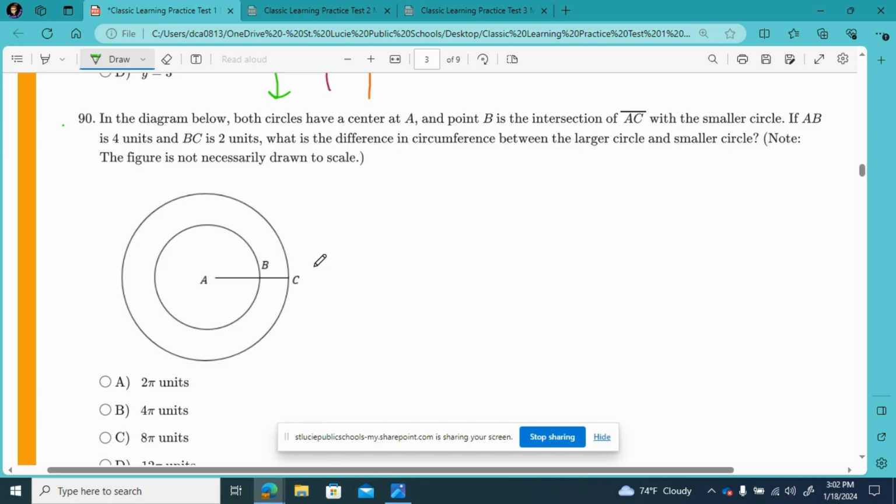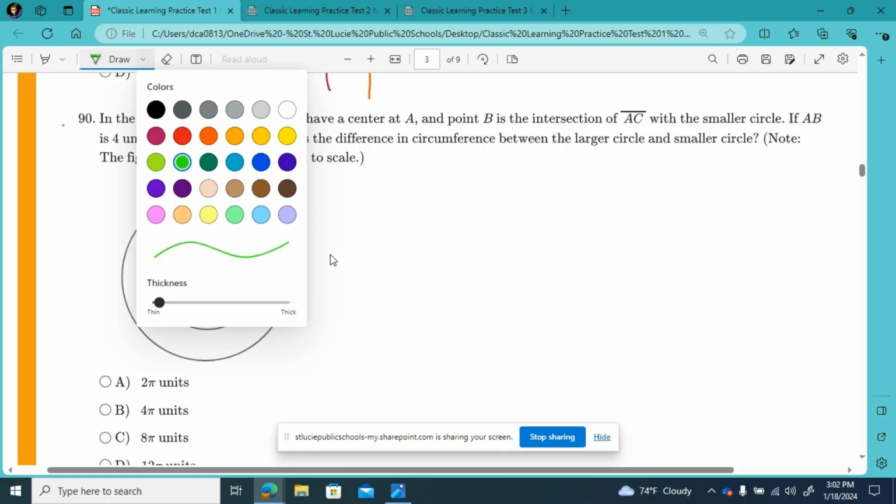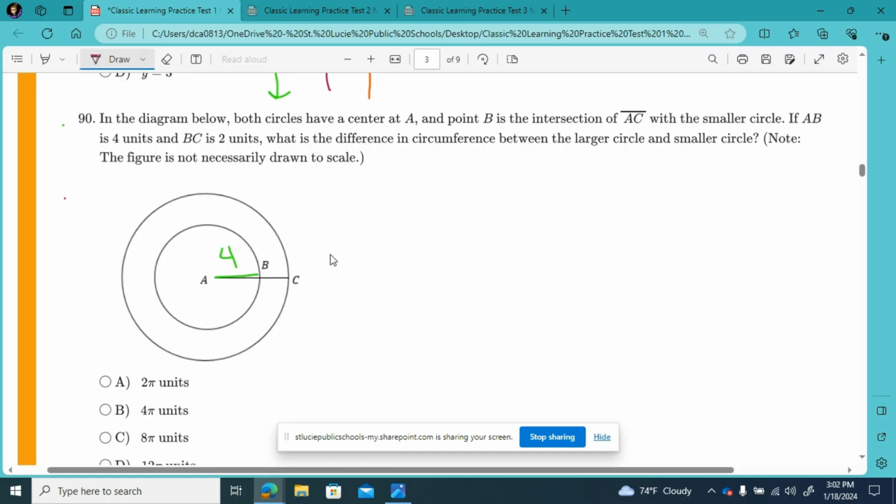If AB is 4 units long, so from here to here is 4, and BC is 2 units long, so from B to C is 2. What is the difference in circumference between the larger circle and the smaller circle?